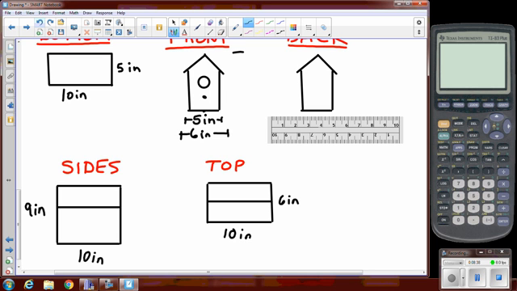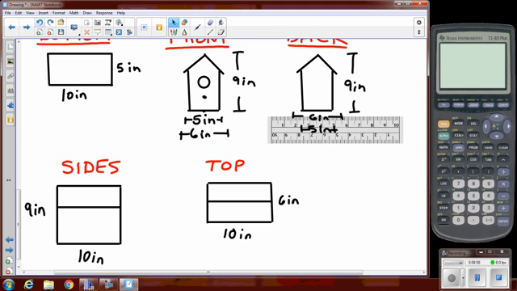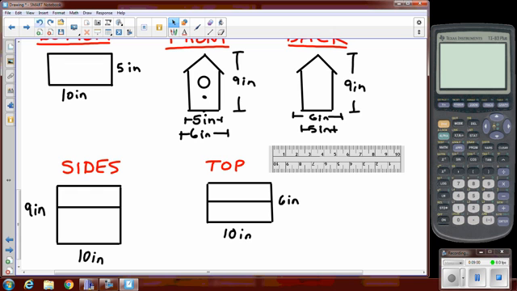And this here is the 9 inches, because the question did say to label it. So again, 9 inches, and from roof tip to roof tip is 6 inches, but the width is 5 inches from there to there. So we went through and we did draw these to scale.